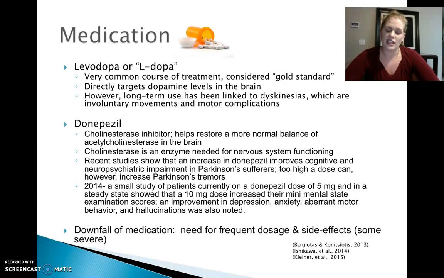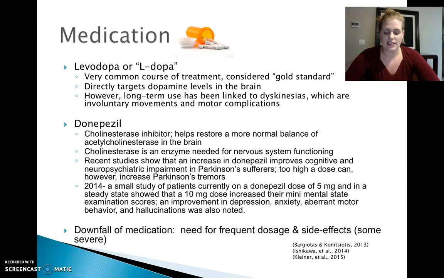In 2014, there was a very small study done on patients currently on donepezil dose of 5 milligrams. They'd been on it for 3 months at least. And what they found is that these people who had been on a steady state of this donepezil, if they doubled the daily dose to 10 milligrams, they found an increase in mental state examination scores and an overall improvement in depression, anxiety, aberrant motor behavior, and hallucinations.